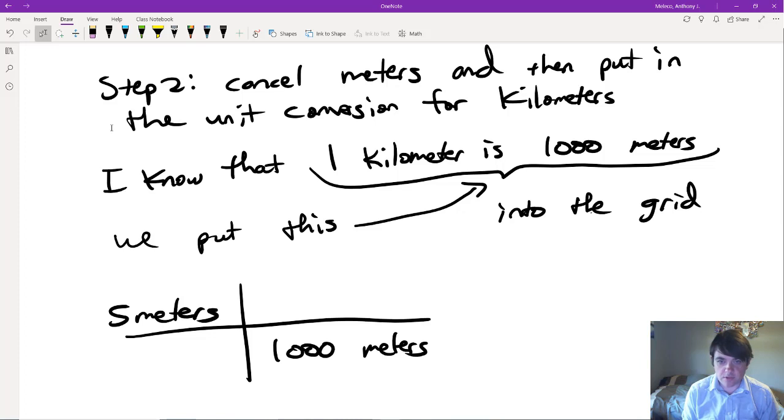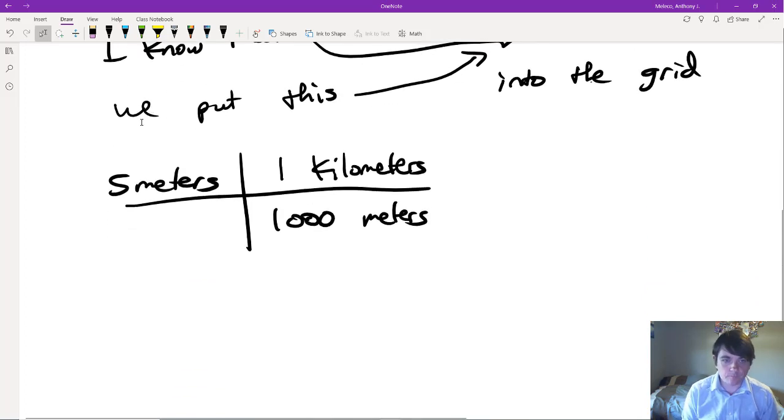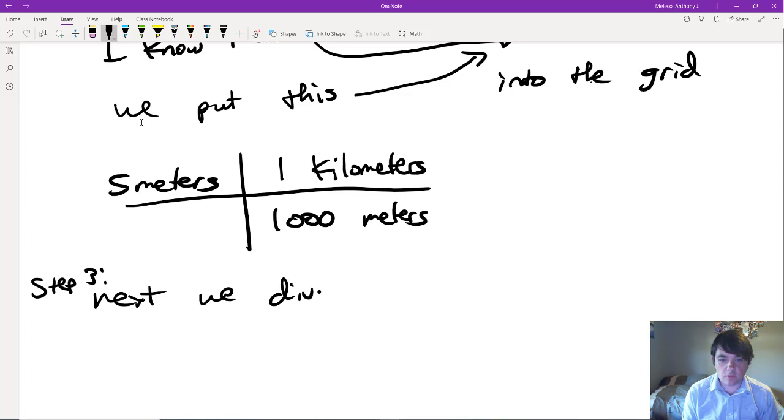So 1,000 meters on the bottom, 1 kilometer on the top. Next, so this is step 3. Next, we divide and multiply. Okay.